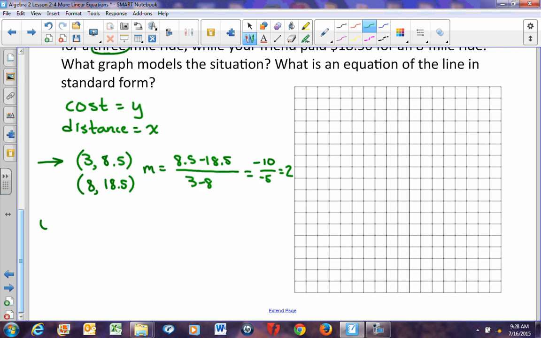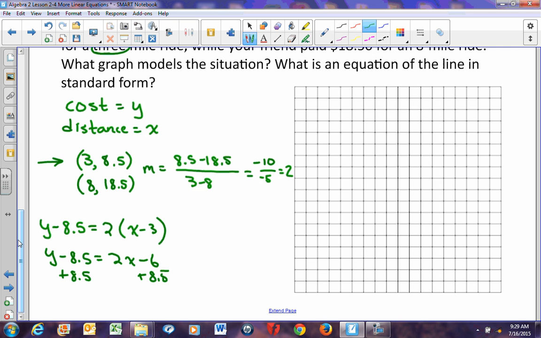So y minus 8.5 equals 2 times (x minus 3). Solve this in slope-intercept form first so I can transfer it to standard form. So y minus 8.5 equals 2x minus 6. Add the 8.5, and I now have y equals 2x plus 2.5.